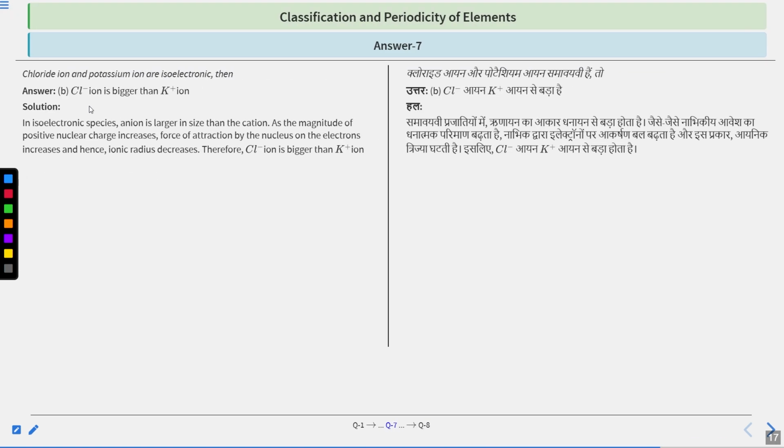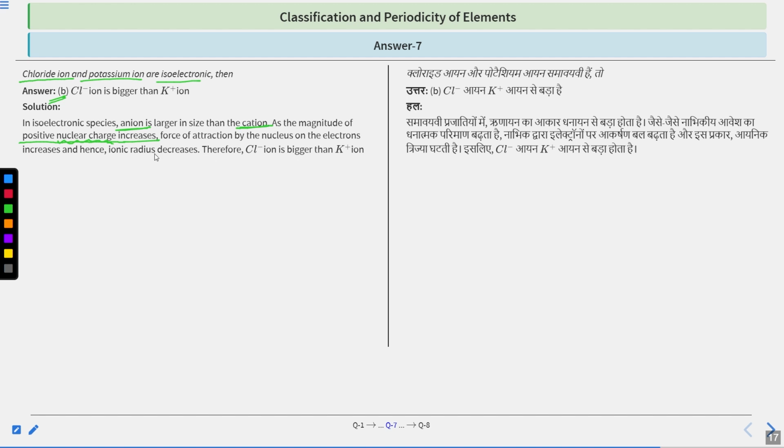Okay. Let's see, the correct answer is option B, that is chloride ion is bigger than potassium ion. So we are given that chloride and potassium ion are isoelectronic. In isoelectronic species, an ion having negative charge is larger in size than the cation having positive charge. As the magnitude of positive nuclear charge increases, the force of attraction by the nucleus on the electrons increases, right?